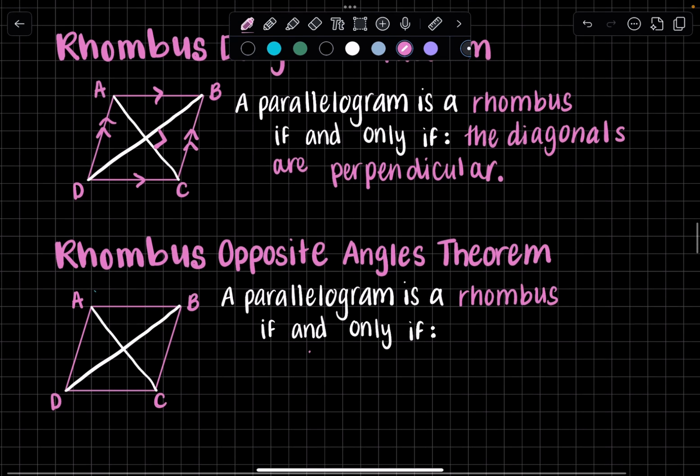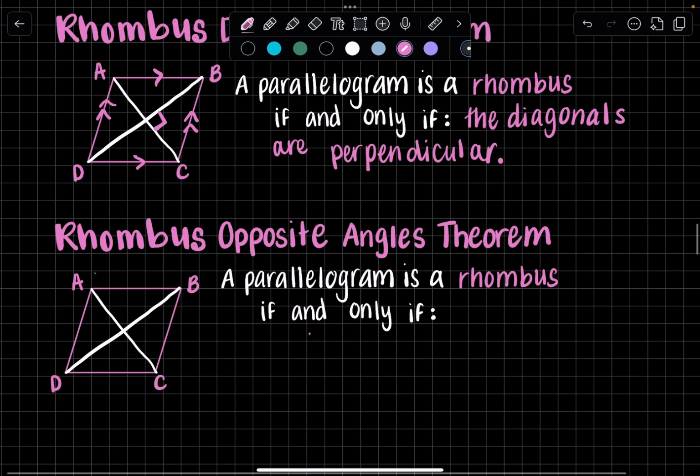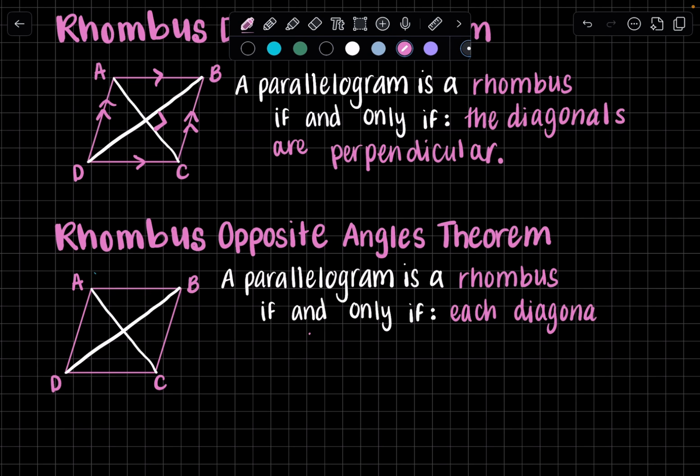Okay, now let's look at the opposite angles. A parallelogram is a rhombus if and only if each diagonal bisects a pair of opposite angles.